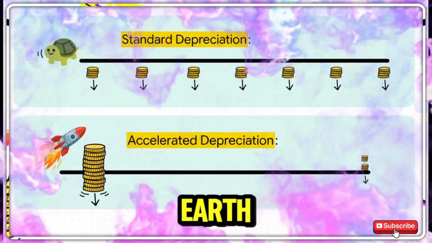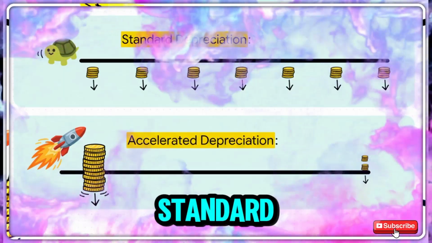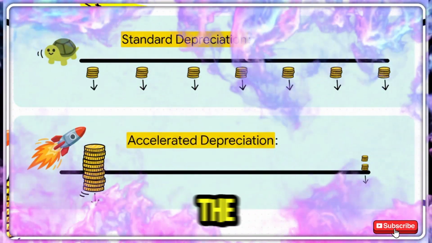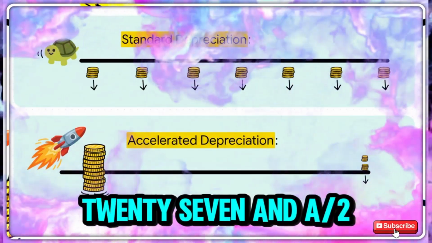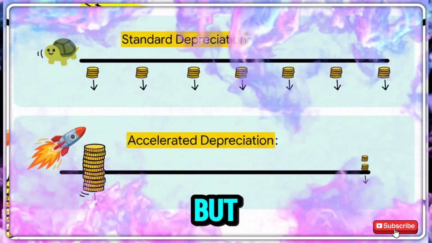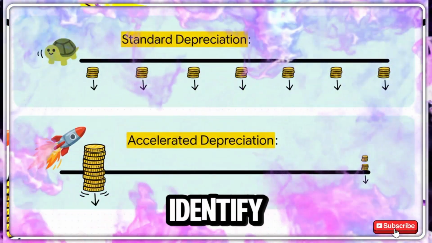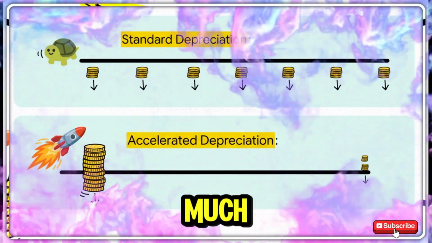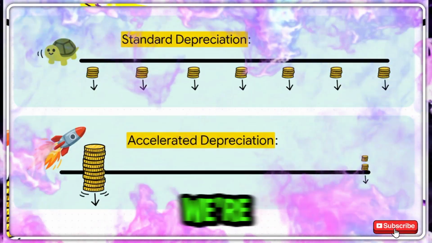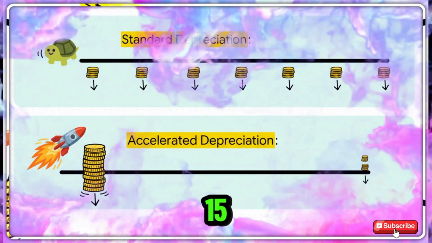So why on earth does that matter? Because with standard depreciation, you write off the value of a building super slowly, like a little trickle over 27.5 years. But a cost seg study lets you identify all those non-structural parts, which have much shorter depreciation schedules. We're talking 5, 7, or 15 years.